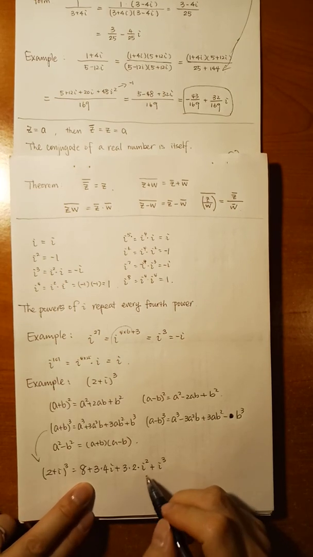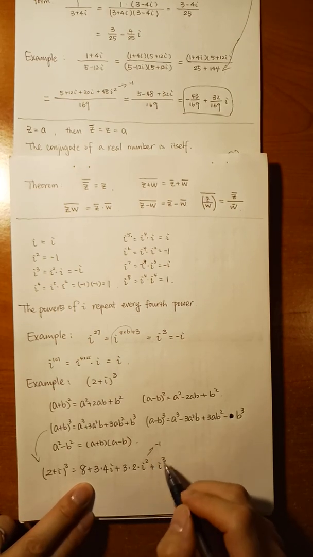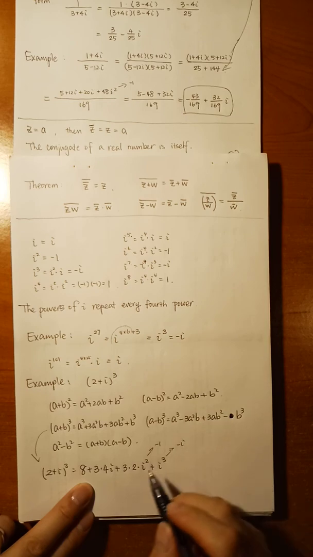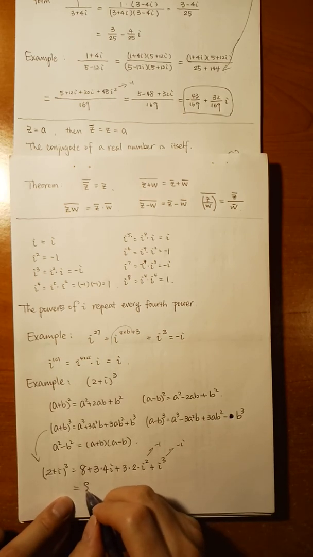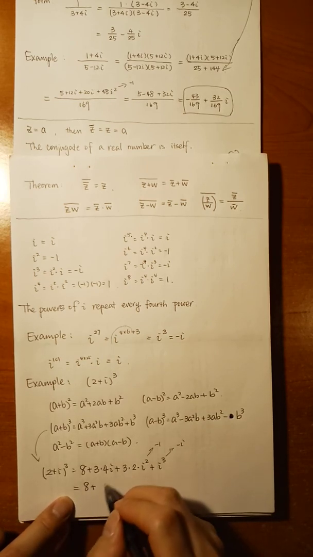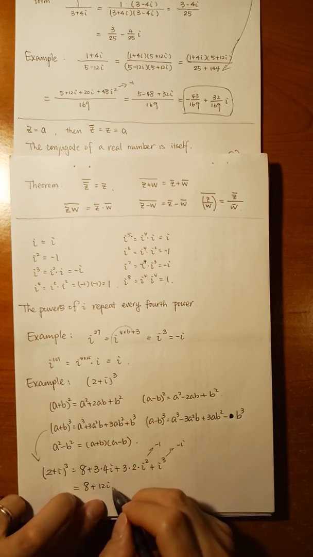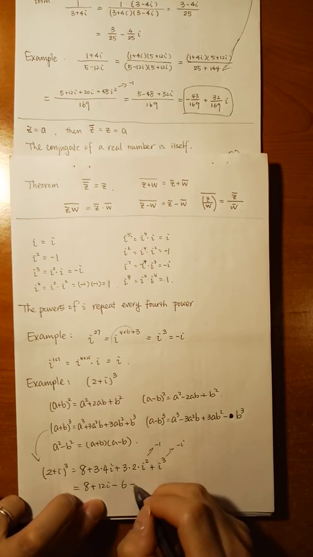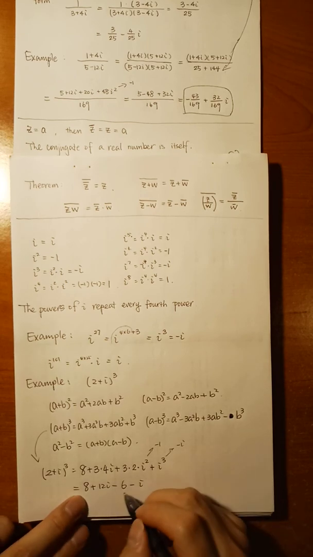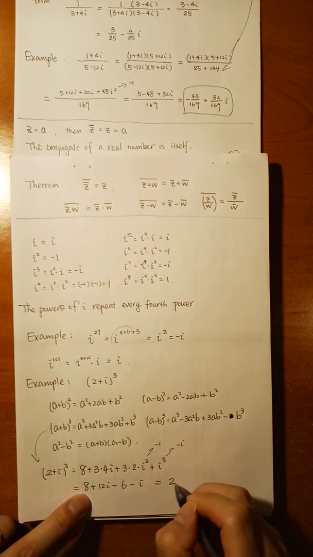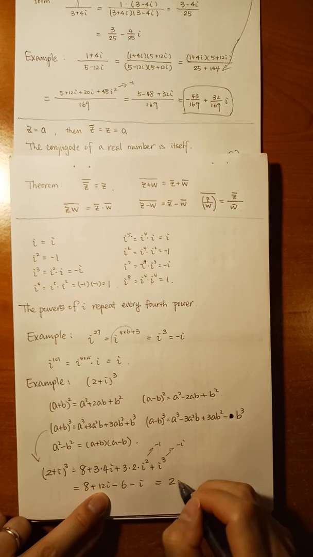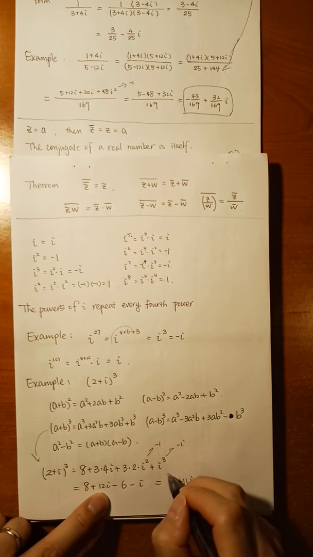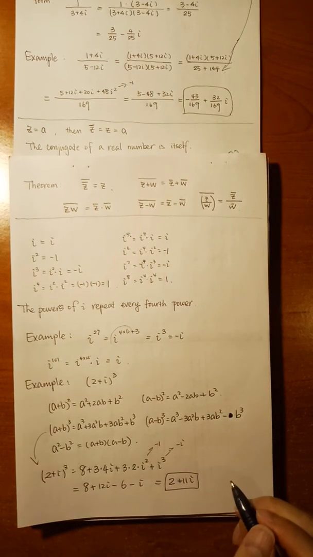Now let's check: i squared is negative 1, and i cubed is negative i. So it equals 8 plus 3 times 4, which is 12i, minus 3 times 2, which is 6, and minus i. 8 minus 6 is 2, and 12i minus i is 11i. That's it.